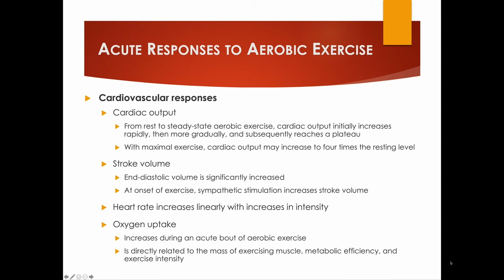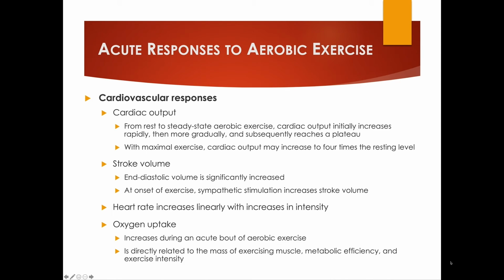So at the onset of exercise, sympathetic stimulation is increasing stroke volume. Release of your catecholamines will then stimulate contractility, so it starts making the heart beat a lot stronger, which will then allow for greater blood to be ejected out. These are not training adaptations. These are just essentially what's happening during exercise just to keep maintaining cardiac output demands.